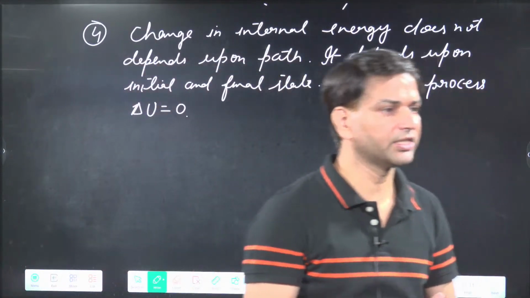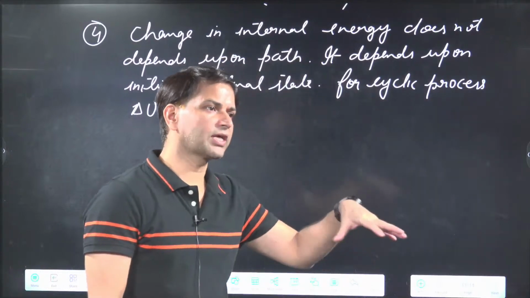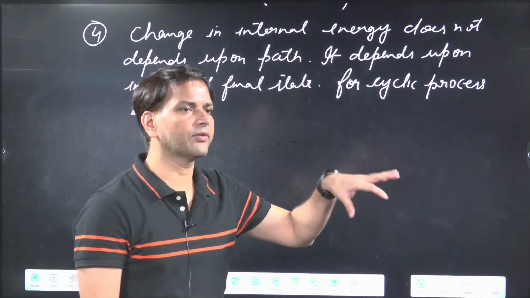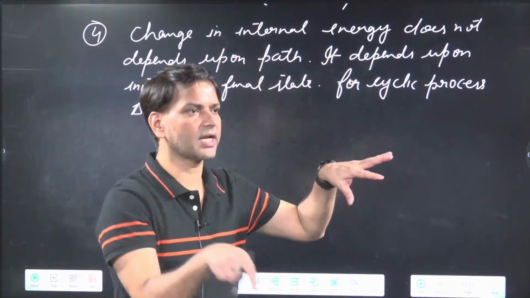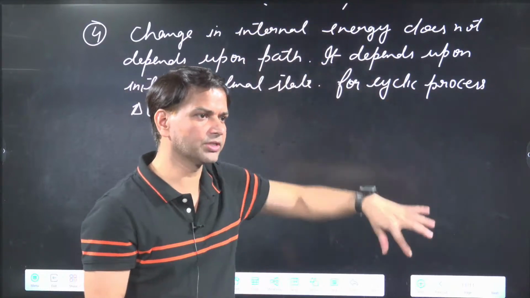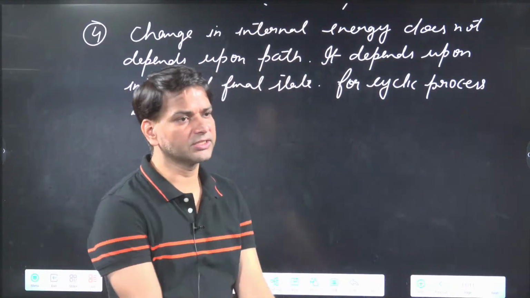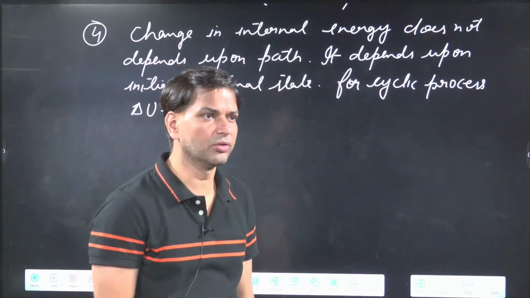It depends upon the initial and final state. And for a cyclic process, delta U is equal to 0. So if the initial and final positions coincide, meaning a cyclic process where it again reaches the same position, the change in internal energy will be 0.